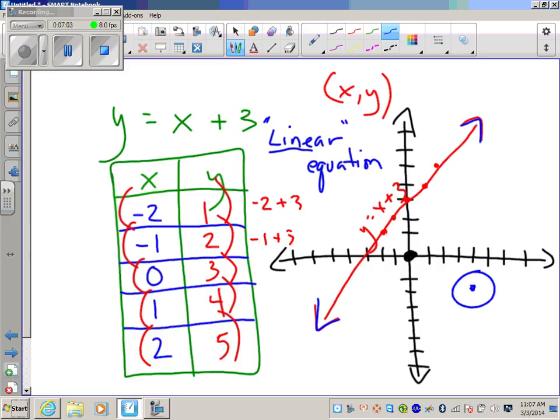What do the arrows at either end of this line mean? Is this line done right here?